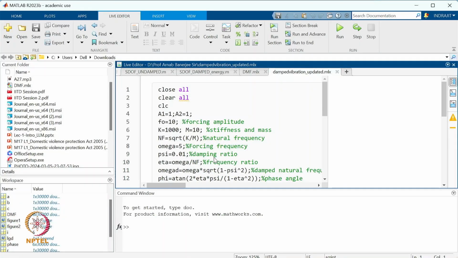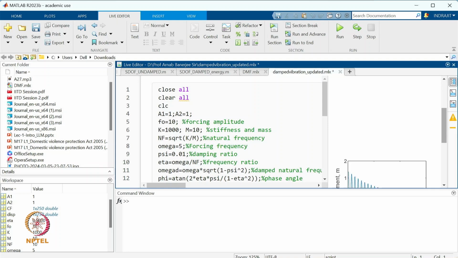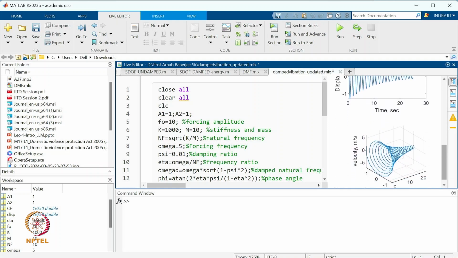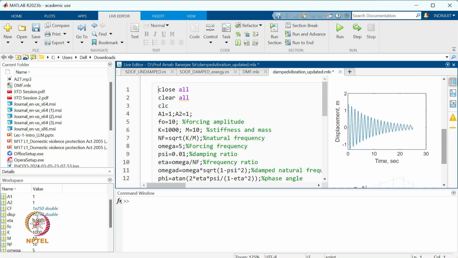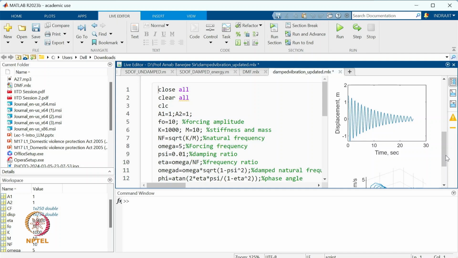So we can see that this is the code for the damped vibration. Here you see that A1, A2 were given some value, 1 and 1, so it starts somewhat above 1.